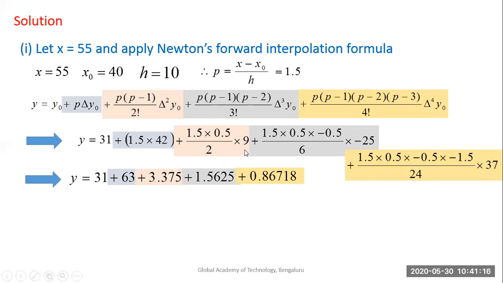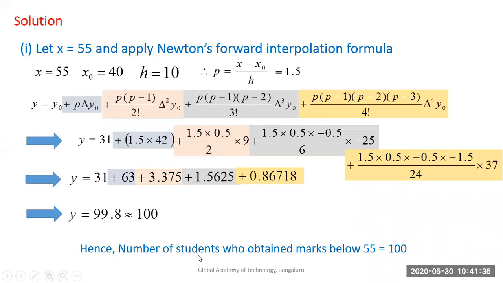The value of this term is 3.375 and so on. When you add up everything, you get 99.8. What is 99.8? The value of y for which x is 55. So y denotes the number of students here. We take it as approximately 100. That means there are 100 students who obtained marks below 55.